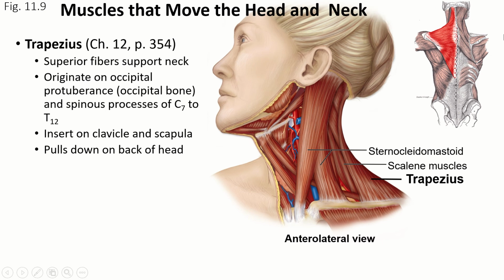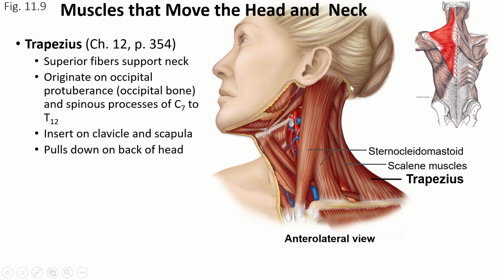Now, the trapezius muscle is this big muscle that goes across your back and inserts on the shoulder. It has this really huge origination from the back of the skull all the way down the spinous processes to T11. But it also wraps around to the clavicle.